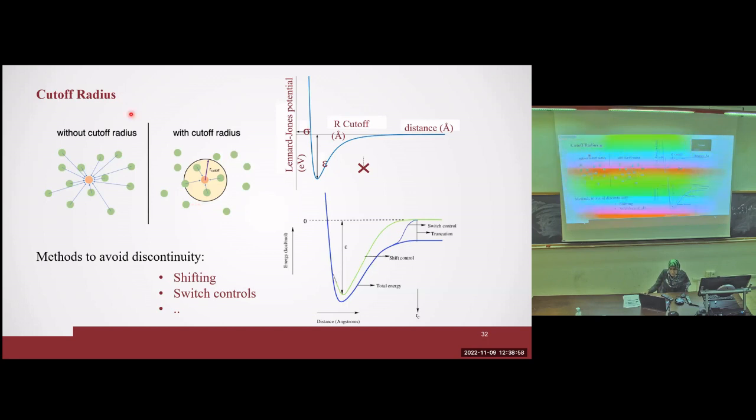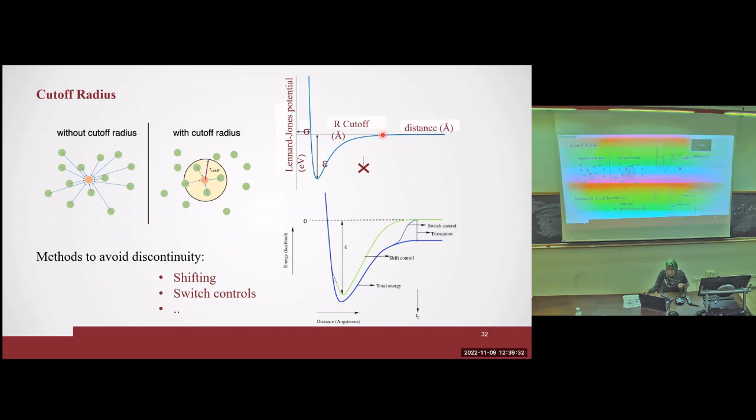Also, we have something called the cutoff radius. To find the potential energy for an atom in a system, first we have to calculate the distances, and then we calculate the potential energy for these distances. But sometimes the distance is very far from an atom. For example, in the Lennard-Jones potential, it still has values, but it doesn't have any effect on the results.